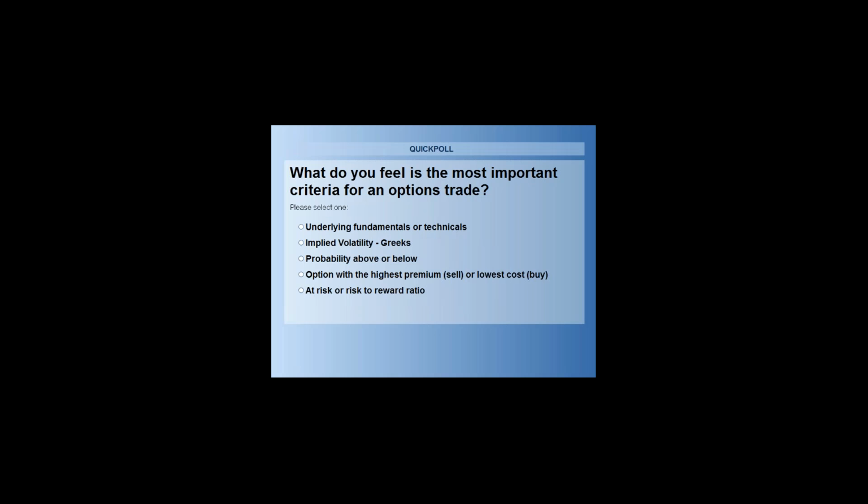Do you tend to focus more on implied volatility and the Greeks? Do you look at the probability above or below, depending on the position, which does relate to the Greeks? Probability relates to delta, but there's a difference. Do you look at the option with the highest premium if you're selling, or the option with the lowest premium or lowest time value if you're buying? Or are you more focused on the at-risk or risk-to-reward ratio?